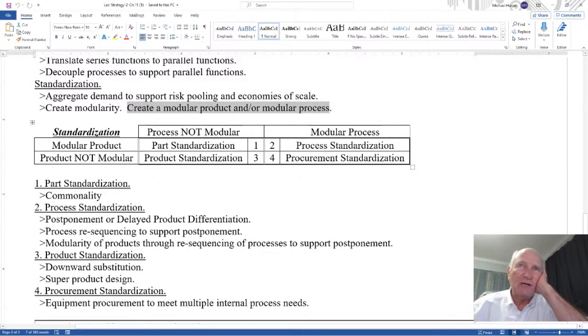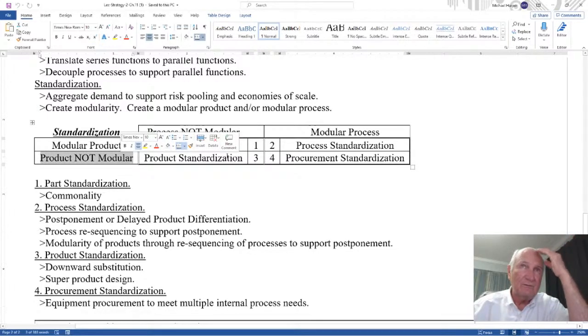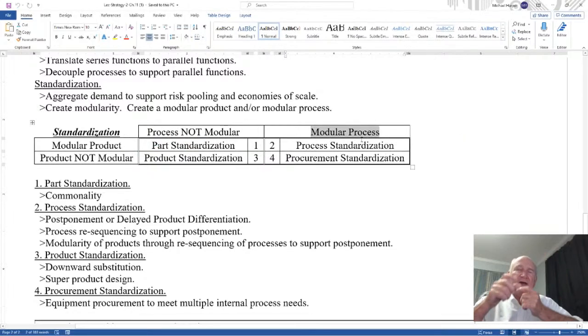It depends on the process and the product. So if the product is modular, or the product is not modular, like integral, the process can be modular. In other words, you can decouple a process in series, so you can have it in parallel, or the process is not modular.